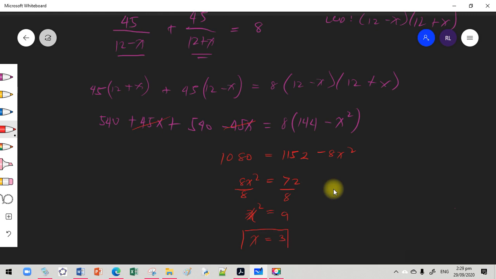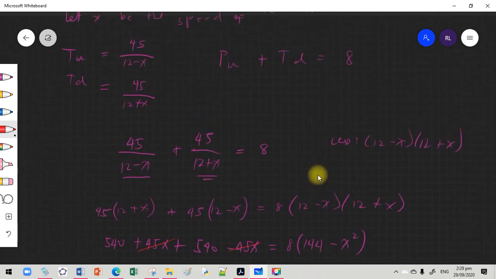Therefore, this is our speed of the current: the speed of the current is 3 miles per hour.